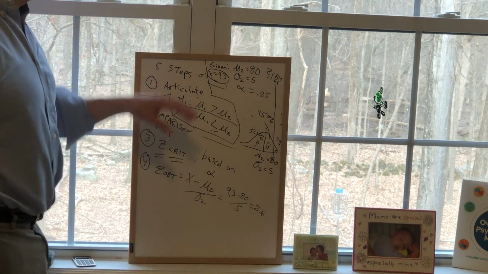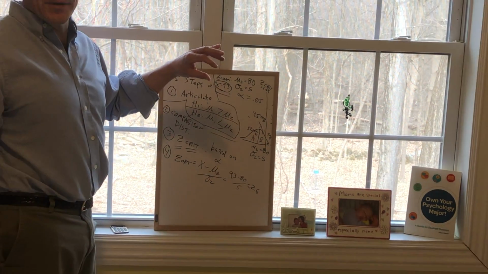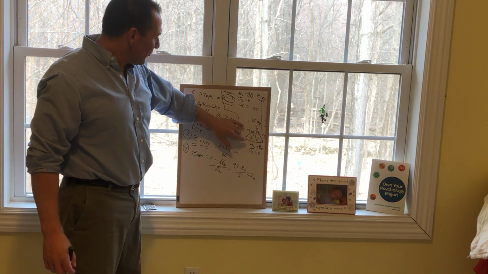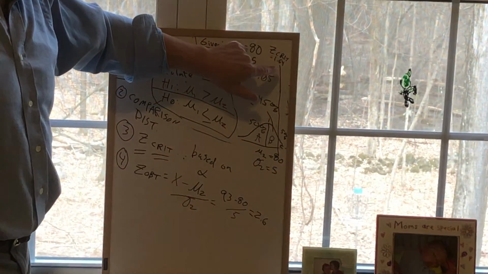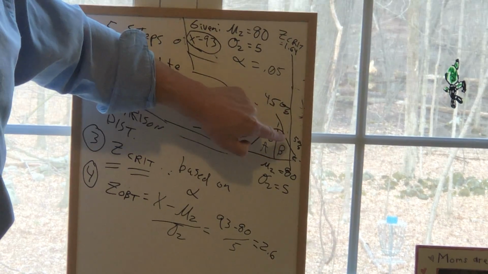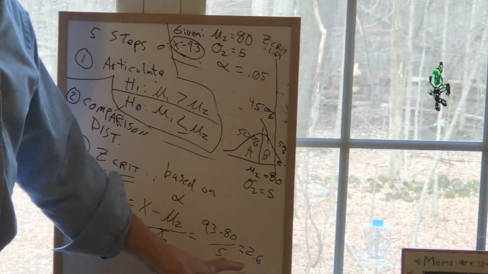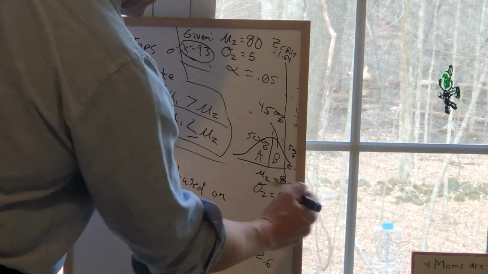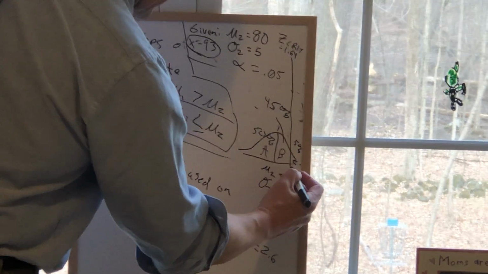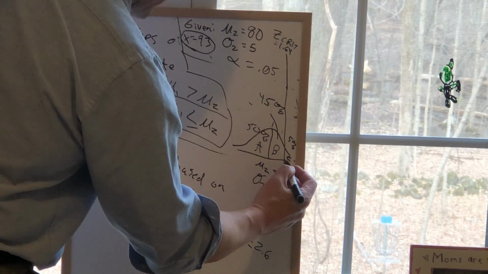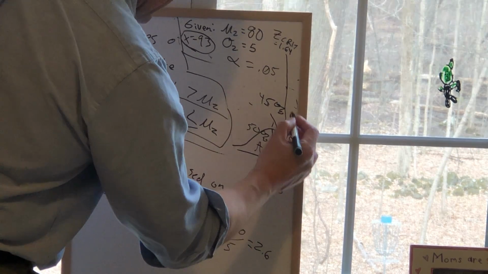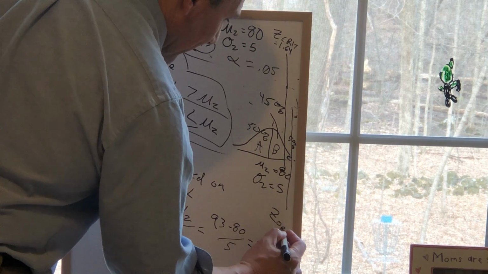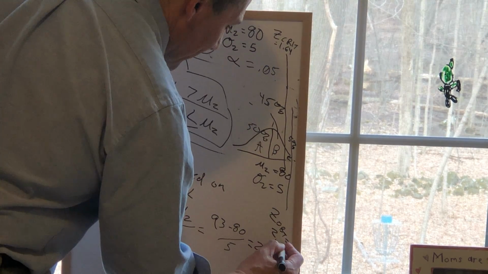Okay. So I know it's a little bit squished over here, austere conditions, kids. But if you zoom in right over here, you can see z critical is 1.64. And my z obtained is 2.6. So if I'm looking at this distribution here, if this right here is 1.64 as a z-score, then here is z obtained equals 2.6.